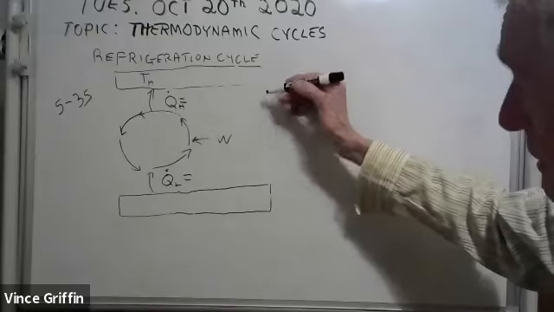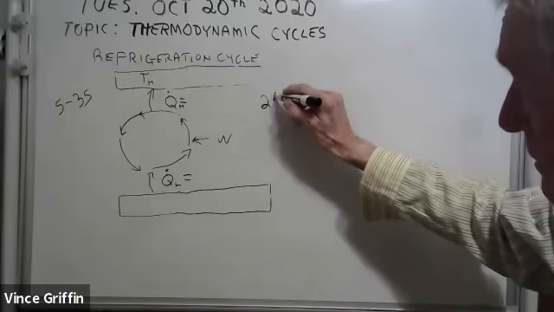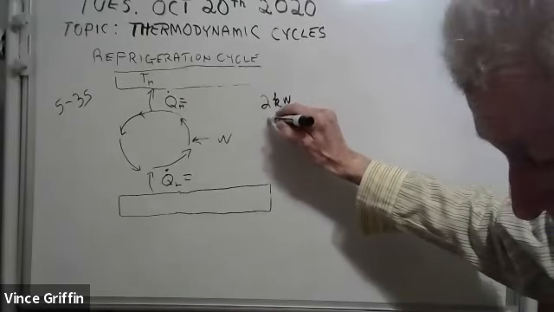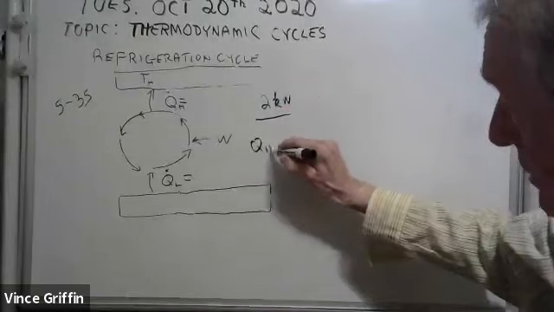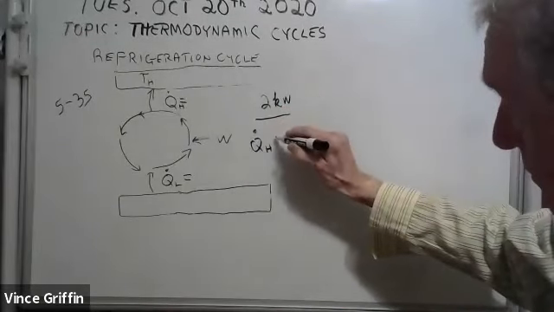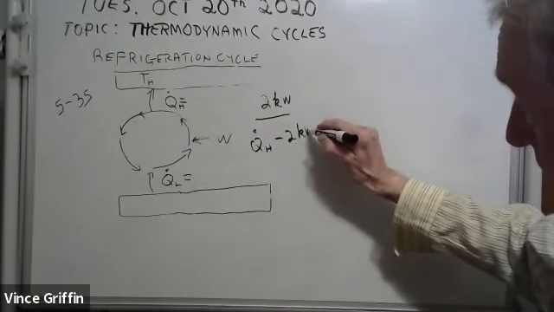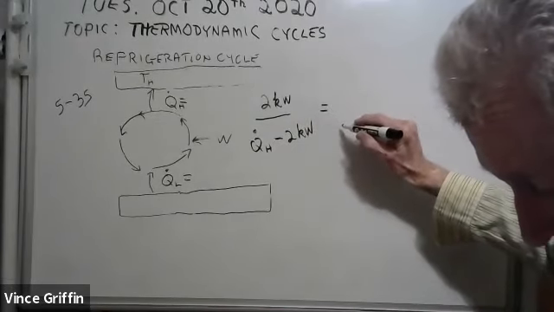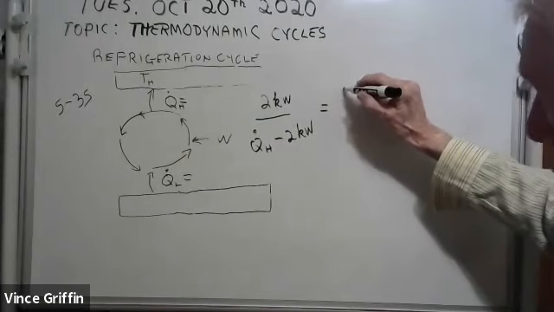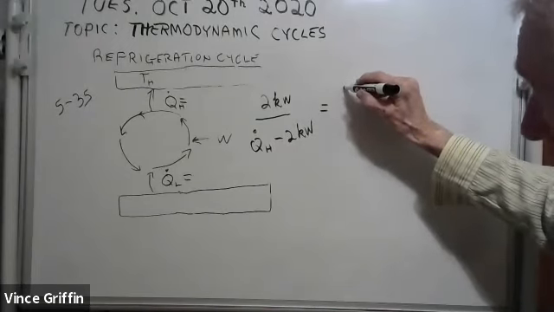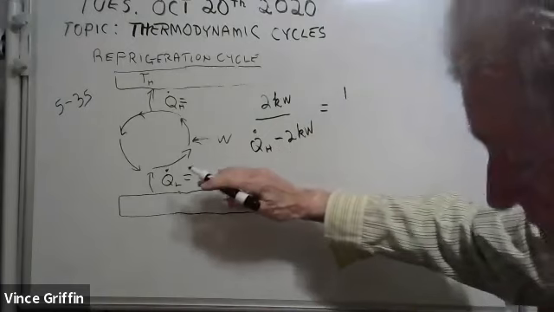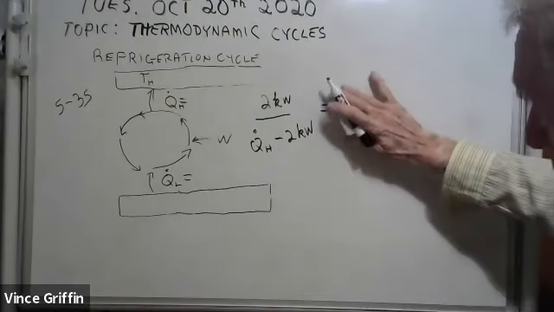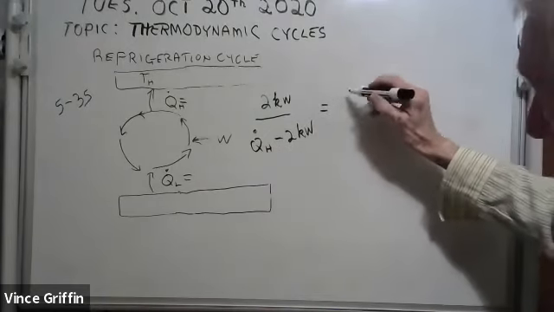Here's what we had, Reagan. We had 2 kilowatts over the QH dot minus the 2 kilowatts equals the TL, and the TL was 253.15.